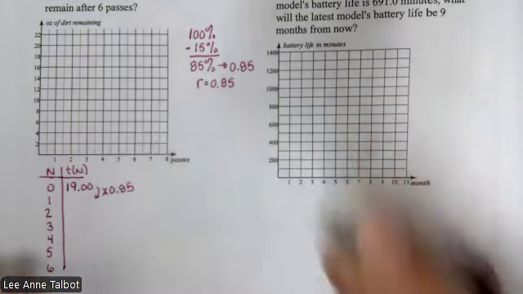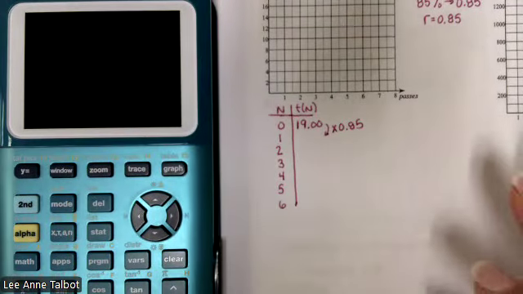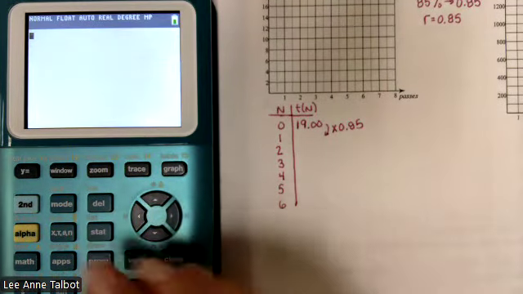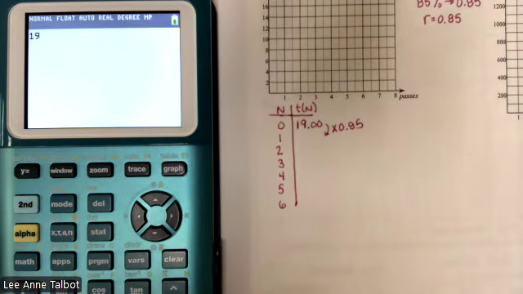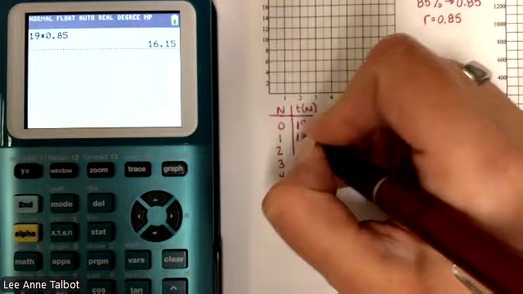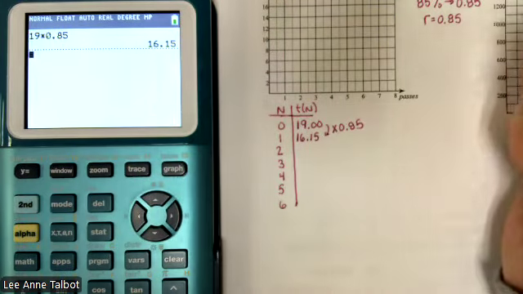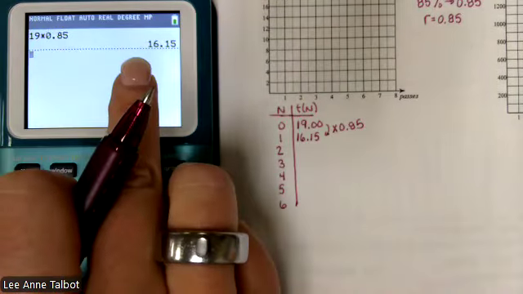And we're going to multiply by 0.85 down the table. Okay, now this is very specific. I want you guys to keep the number going in the calculator. So what I mean by that is we're going to go 19 times 0.85. And I don't want you to retype this.